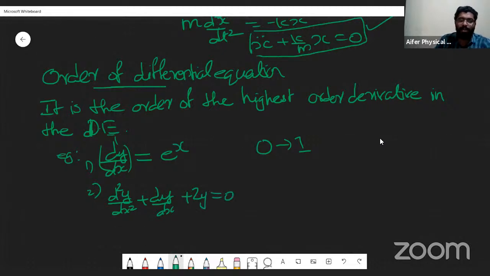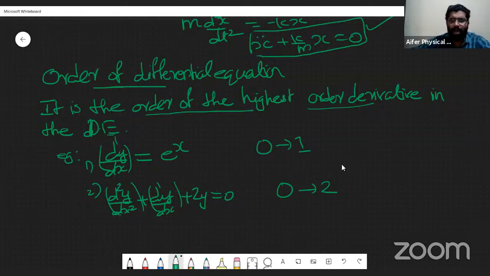Here this differential equation containing two derivative terms. We want order. Order of the differential equation is order of the highest order derivative. The order of this derivative term is 1. Here you can see order is 2. So which one is highest? 2. So order of this differential equation is 2.